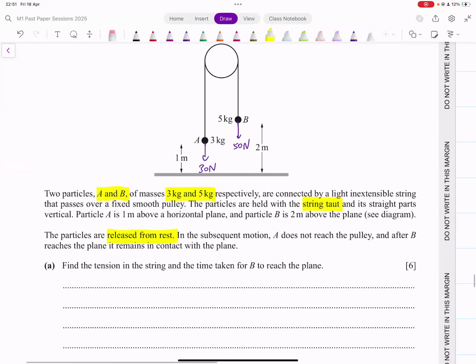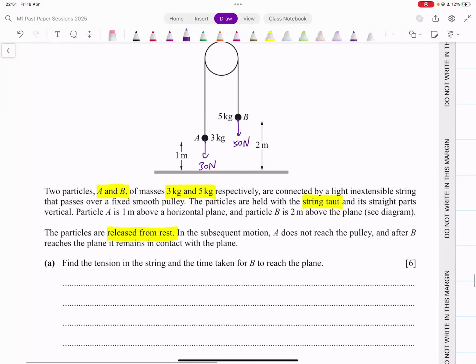In the subsequent motion, A does not reach the pulley, so A is going up. Find the tension in the string and the time taken for B to reach the plane. Okay, all right. So that's not as difficult as it looks.